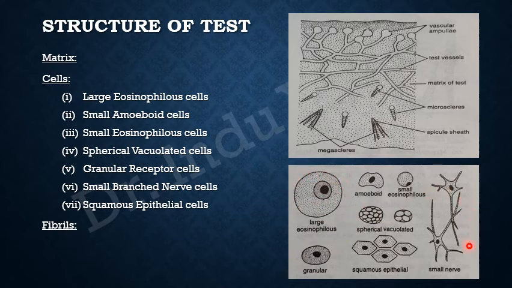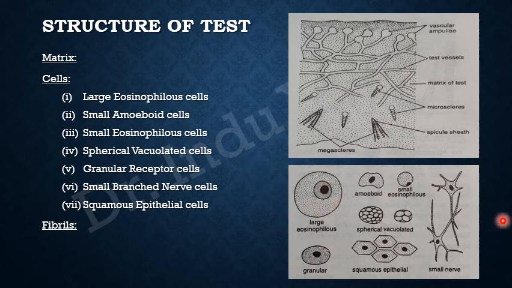You can see they are the biggest cells as compared to all the other types of cells. So the size is big, and they have a vesicular nucleus, vesicle-like nucleus in the center. The nucleus is also very big.